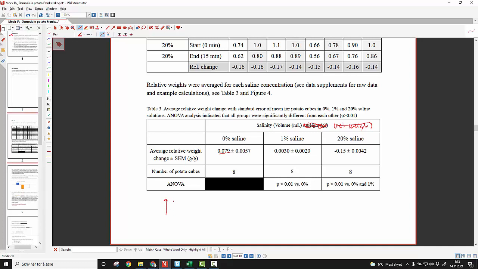So for example, if I measure these values here, that is a large SEM, and if it was expressed as an error bar, it would be something like this. But if we have the data very closely together, it would be a small SEM and the error bar would be small.